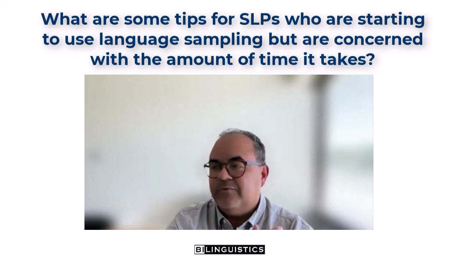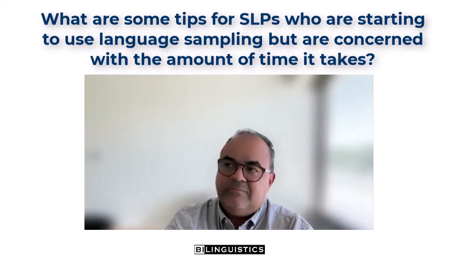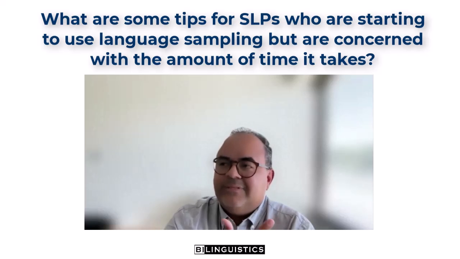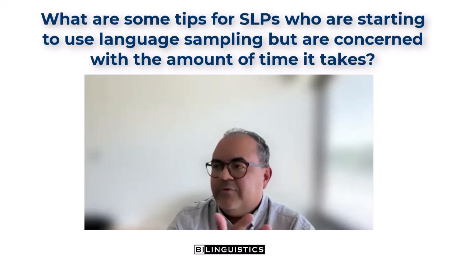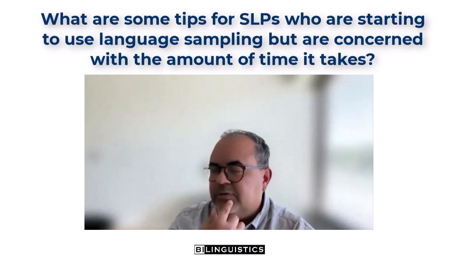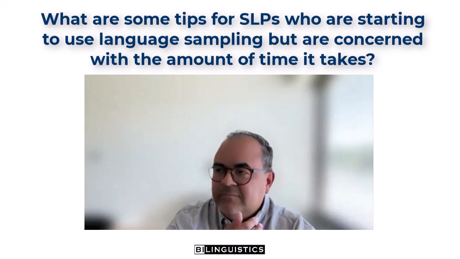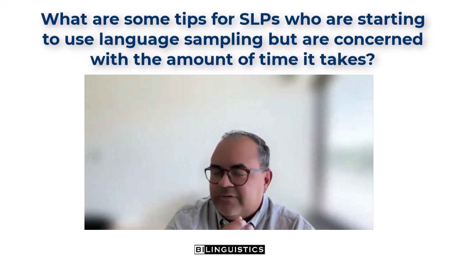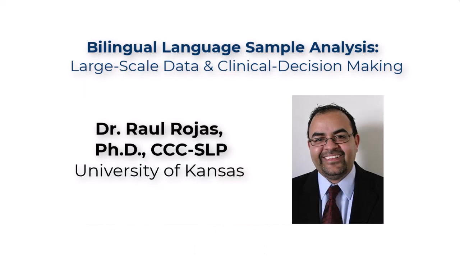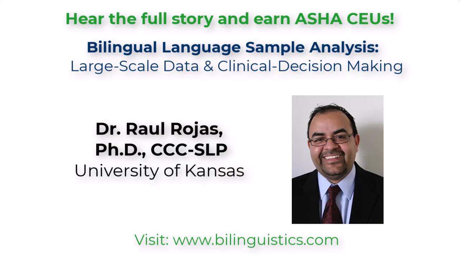The more you do it with more kids, you become more efficient at it. You do it faster. It's not like a 1-for-1 minute equivalent, but you do get more efficient. So the time spent in transcription, I'm going to say, is probably around 20 or 30 minutes. The analysis piece, depending on what you're using to analyze, could be almost immediate.